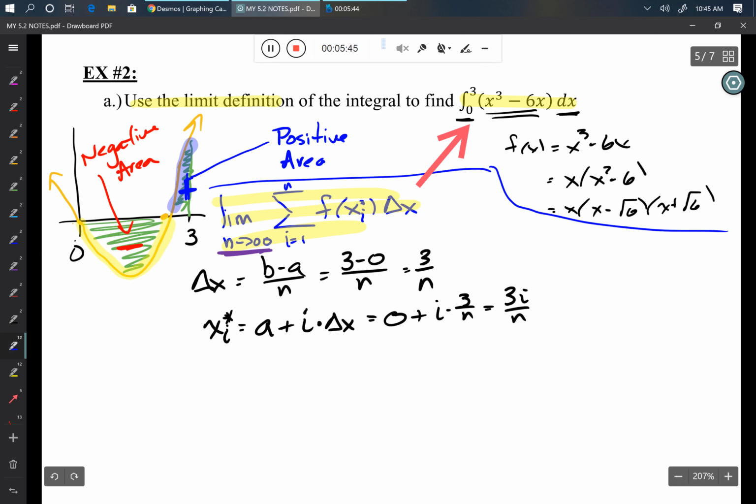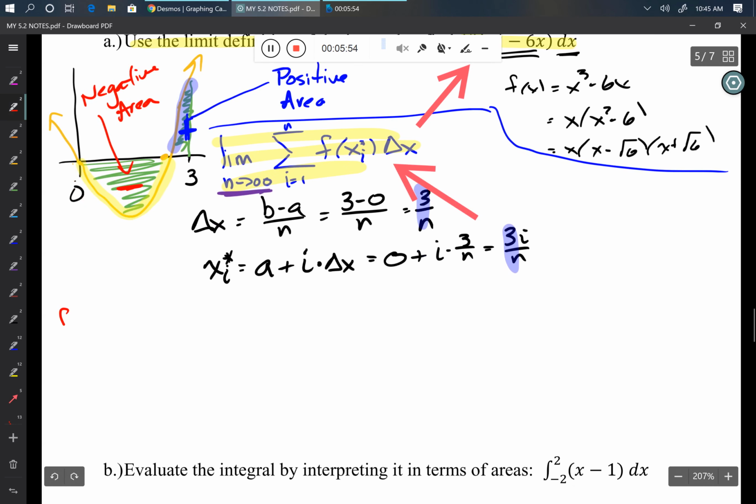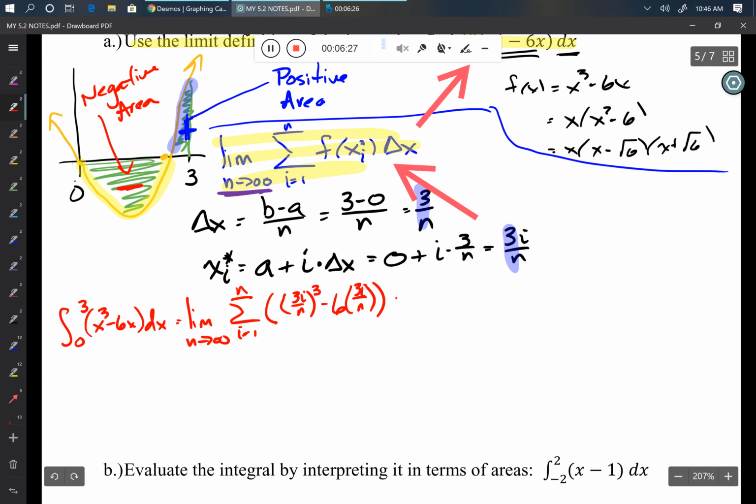So taking these two quantities, the 3 over n and the 3i over n, and plugging them into that formula, I get that the integral from 0 to 3 of x cubed minus 6x dx will be equal to the limit as n approaches infinity of the summation as i goes from 1 to n of the quantity 3i over n cubed minus 6 times 3i over n, all times 3 over n.